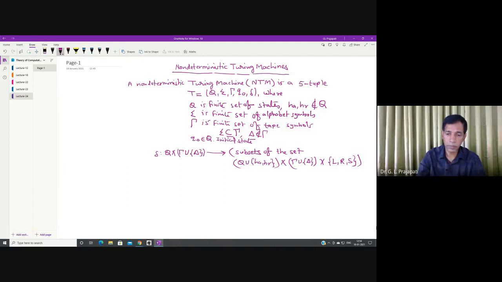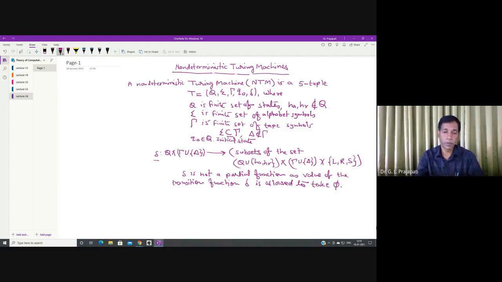One important thing is that in the case of the NTM, delta is not a partial function, as it is allowed to take the value empty set. Where it is not defined, it means the empty set, which is a subset of Q union {HA, HR}, times tau union blank, times {L, R, S}.